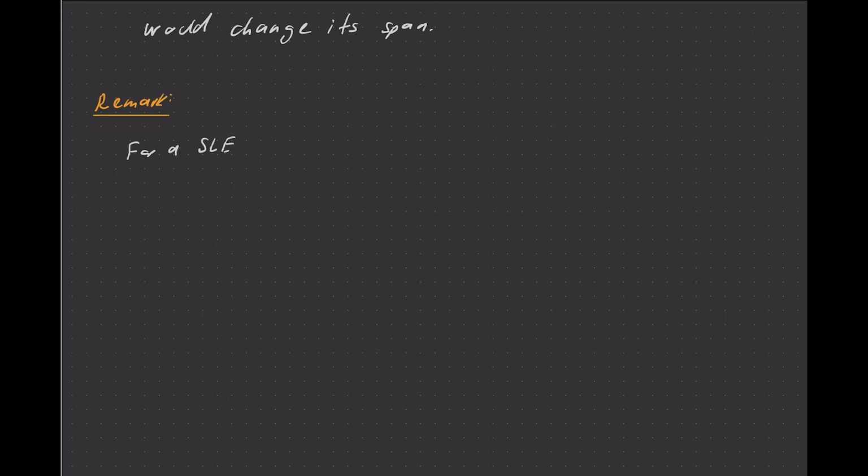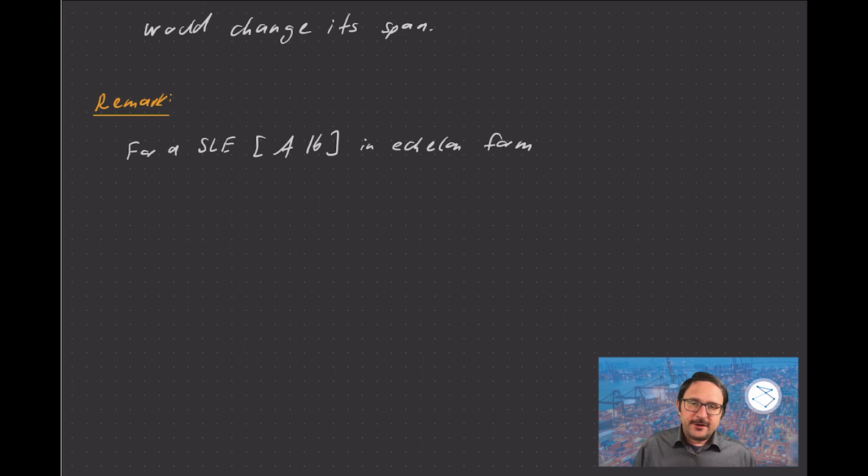For a system of linear equations, let's say A, b, in echelon form. Now let's consider all the rows that have pivot elements. Then these rows form a set of linearly independent vectors. Because if you want to obtain the 0 vector, then we will have to multiply each of those rows with 0. Otherwise, there is always this one entry, the pivot entry, that we cannot remove.